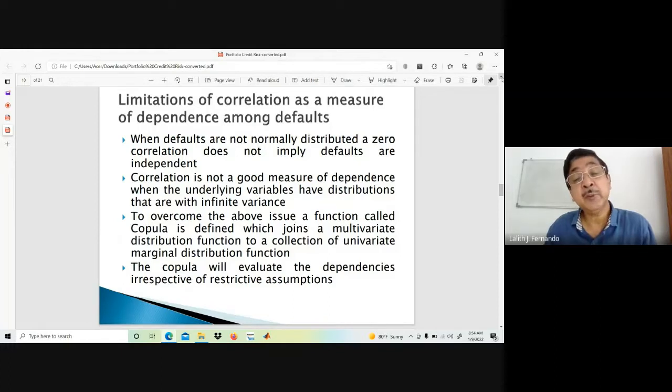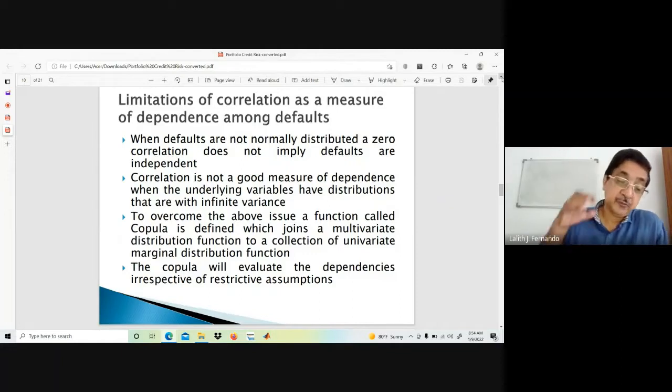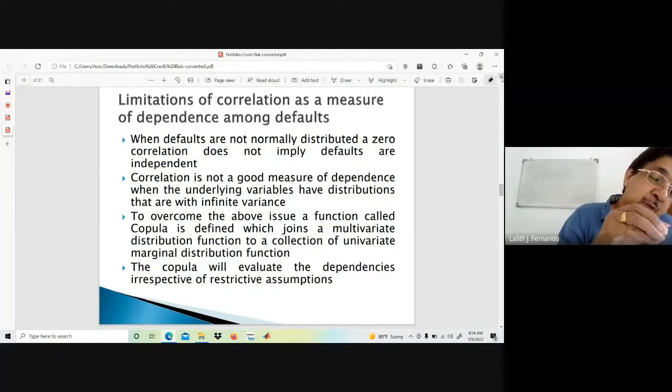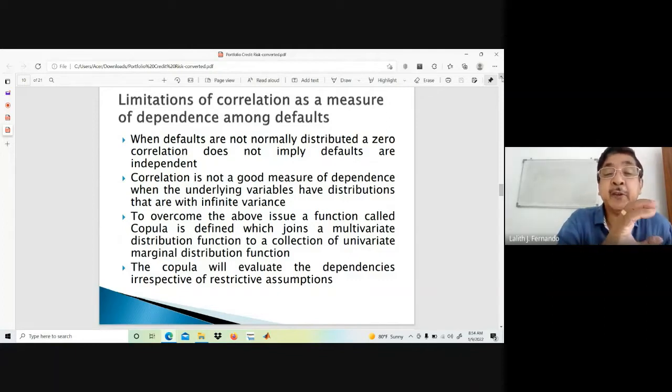So if it is normally distributed, then the implication is that if there's no correlation, the defaults are independent. What do you mean by that? One loan's default would not affect the other loan's default. That is what you call independent defaults.